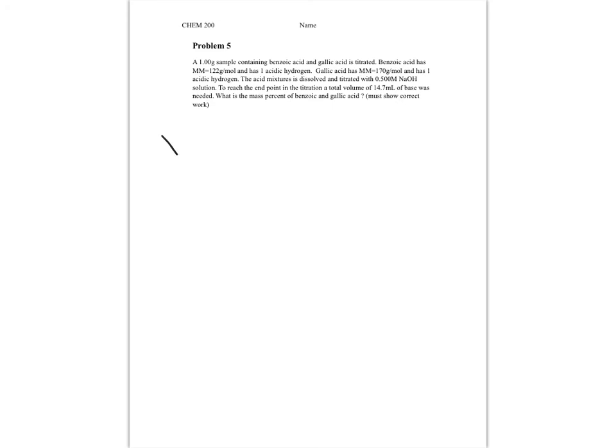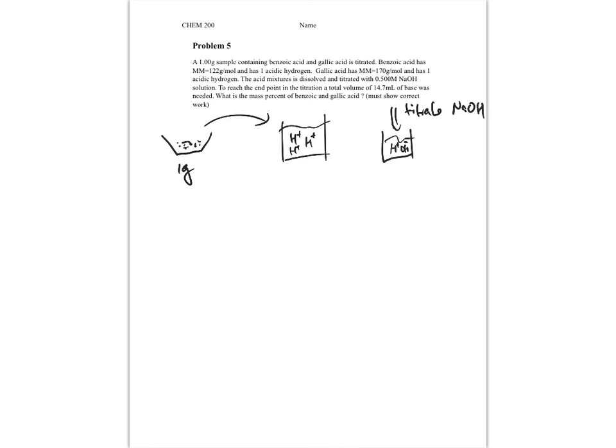In this problem here, I have a mixture, 1 gram of benzoic and gallic acid, and I dissolve this mixture in water, and when I do, I get protons because both benzoic acid and gallic acid are protic. And then what I do with the sample, I add hydroxides to neutralize, so I titrate with NaOH.